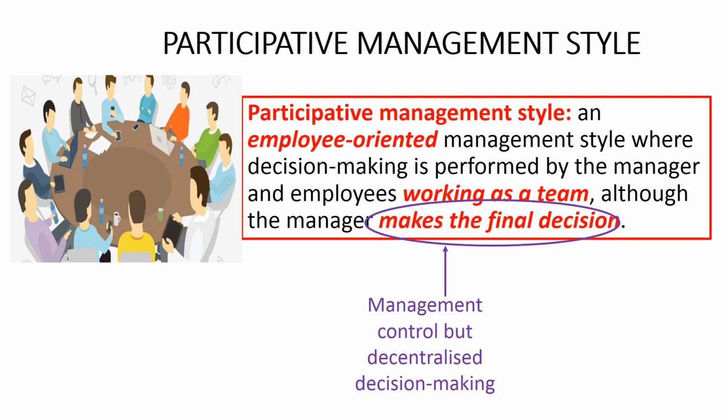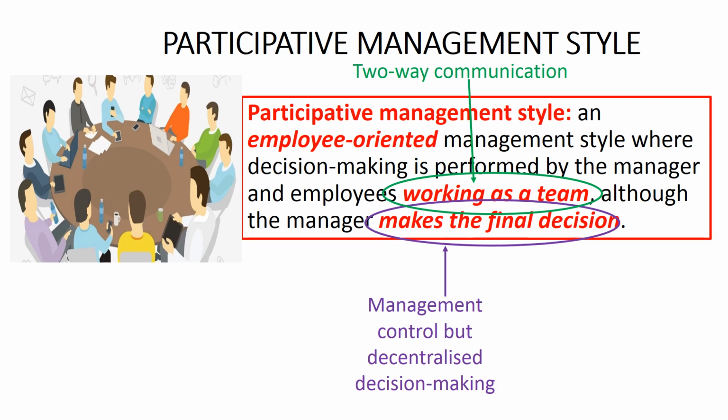The reference to decision-making being performed by the manager and employees working as a team is a reference to a characteristic of this management style as being that there's two-way communication. That is, there is communication from the manager to the employees and from the employees to the manager.